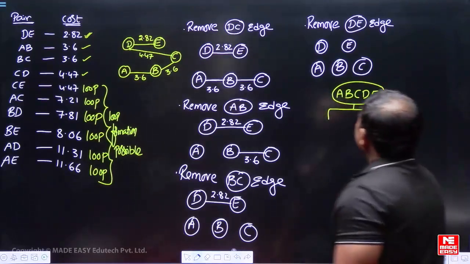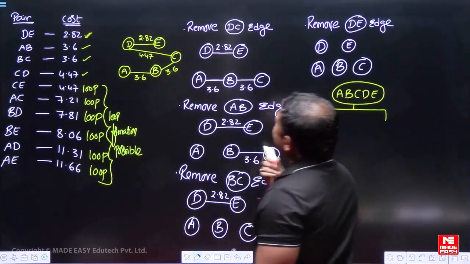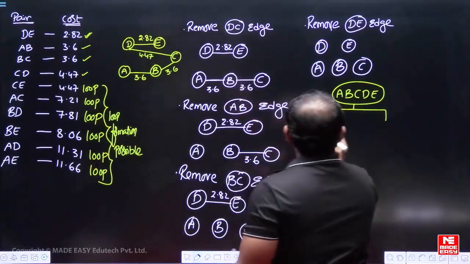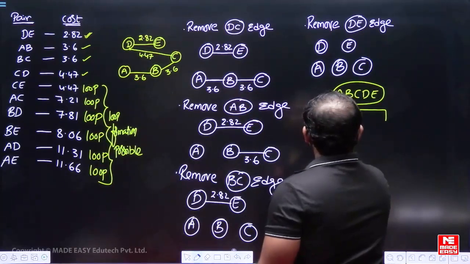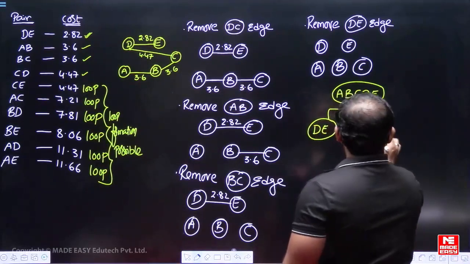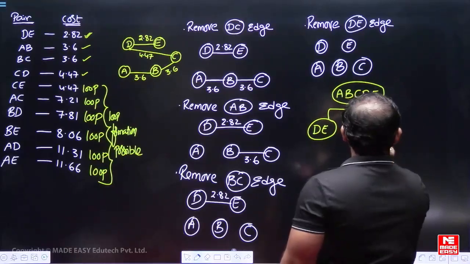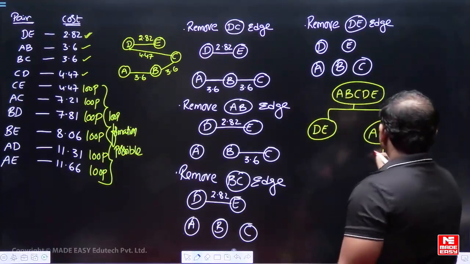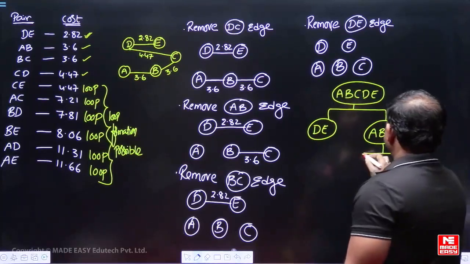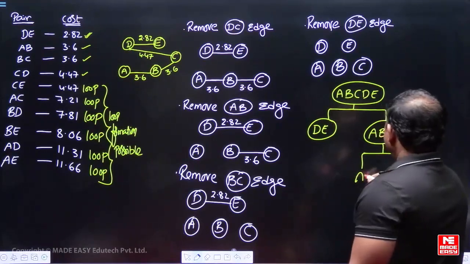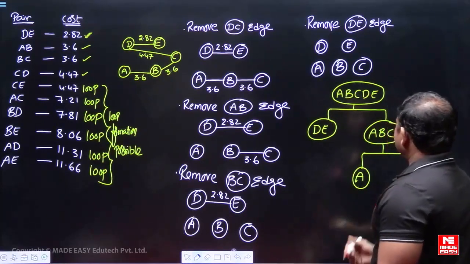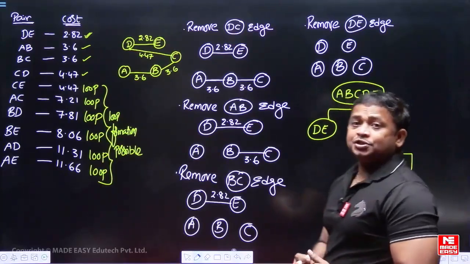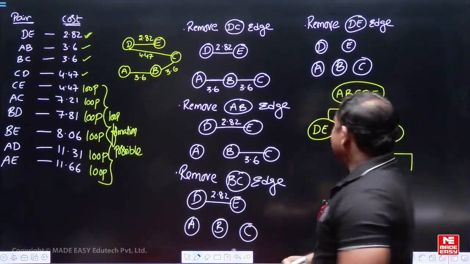Okay, created the formation or not? First what we did, DE is one side and next ABC is another side. This is the first split. After that, here ABC, even if you take A first you can take, or you take C first you can take. Okay, right.